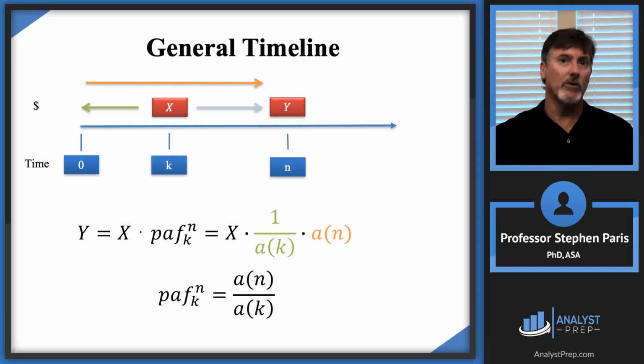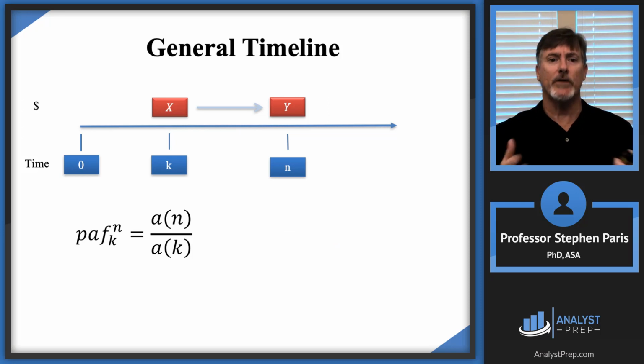The numerator would be the accumulation function at time n, and the denominator would be the accumulation function at time k. So the denominator is the a of the from value, and the numerator is the a of the to value, where we're going. We're going from time k to time n, so I would multiply by a ratio: in the denominator I have a of k, in the numerator I have a of n. So that's what the periodic accumulation factor would be from time k to time n generally.